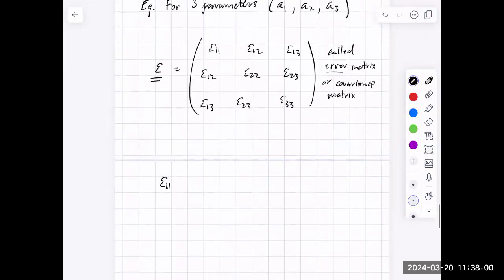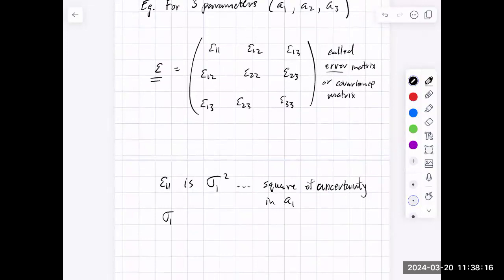So epsilon 1,1 is sigma 1 squared, the square of the uncertainty in A1.